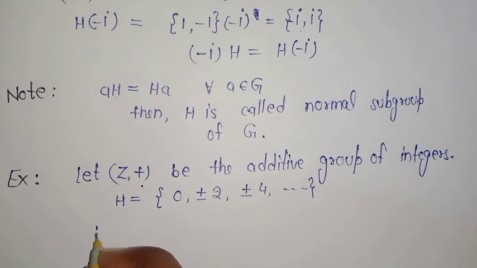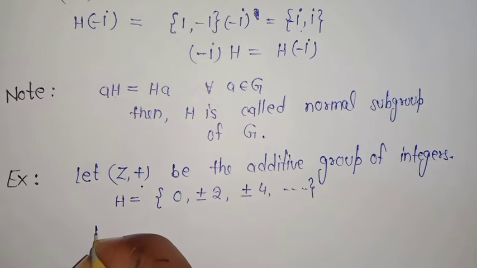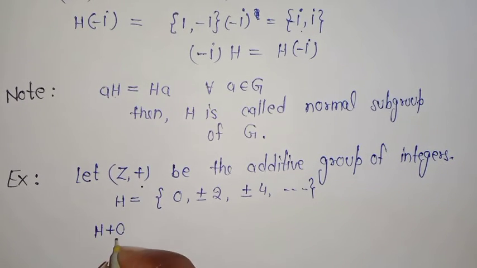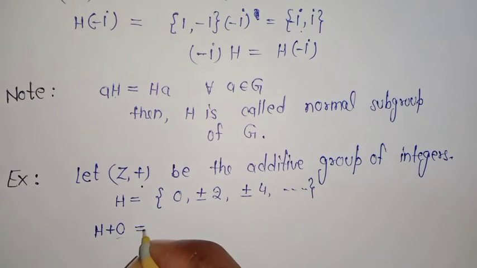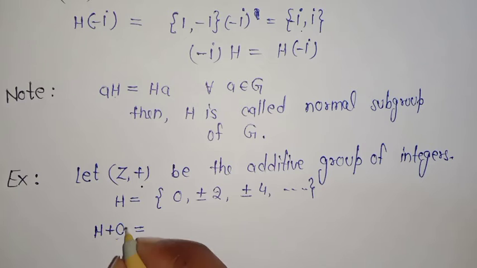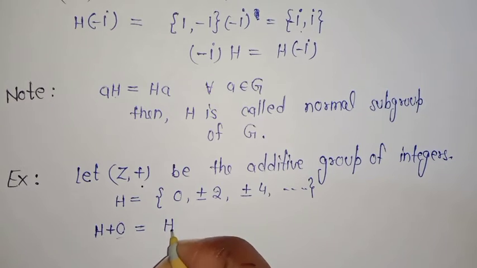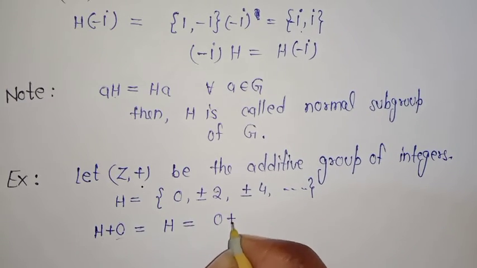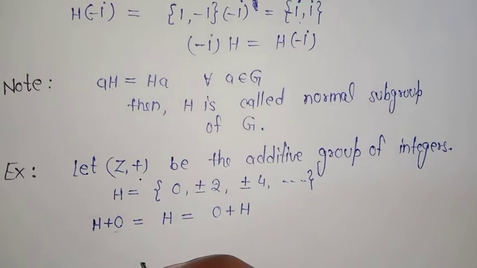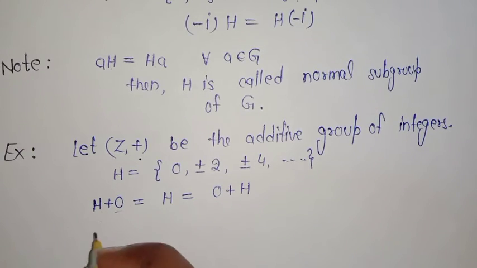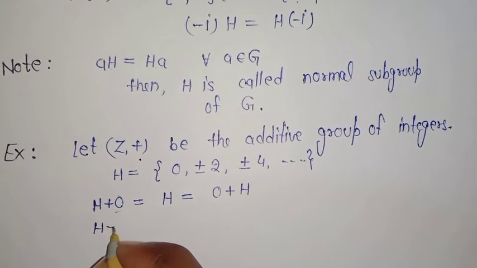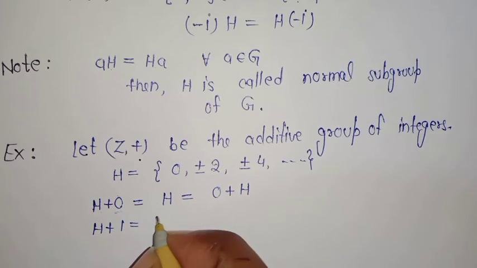So firstly we do H plus 0, that is, we are adding one element of the group to this coset. We know that whenever we add 0 to each element of this subgroup we get the same group H. So this is equal to 0 plus H also. Now if I add the second element, that is 1, to this subgroup, then we get what?